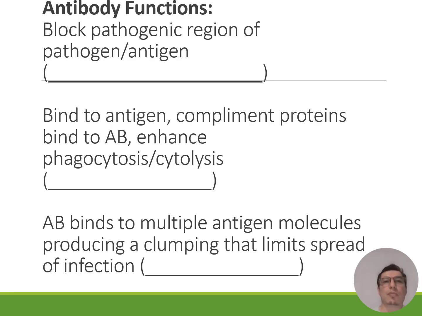So here when we block the pathogenic region of a pathogen, we are inactivating it, or we are neutralizing. So when that antibody goes onto that pathogen antigen, we're neutralizing if we're blocking it. If we're now binding the antigen and complement proteins are binding to that antigen, we're causing cytolysis. So this will be through complement fixation.